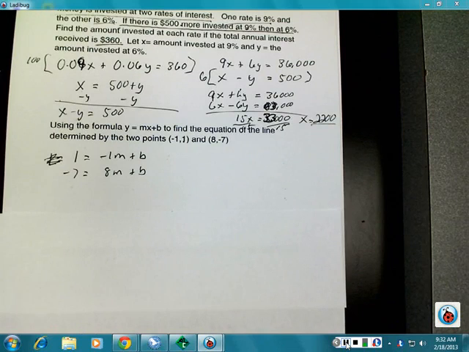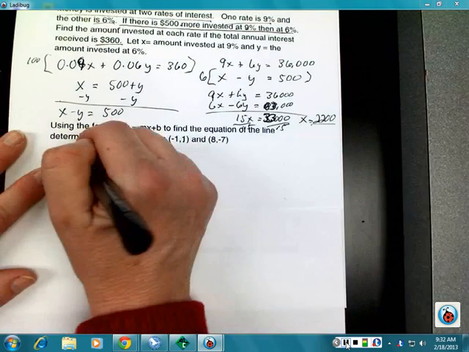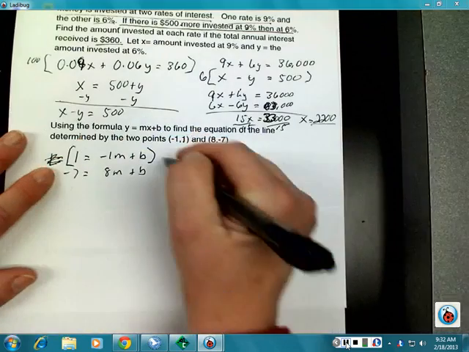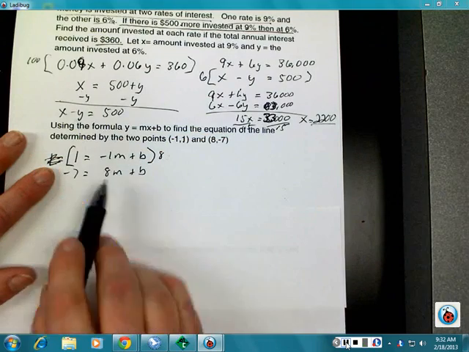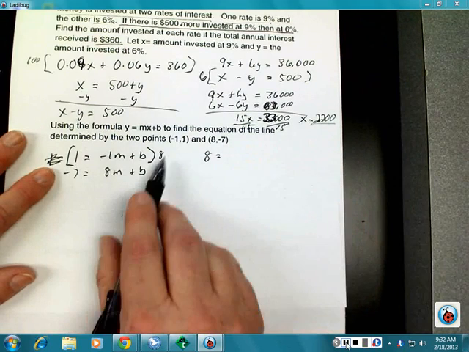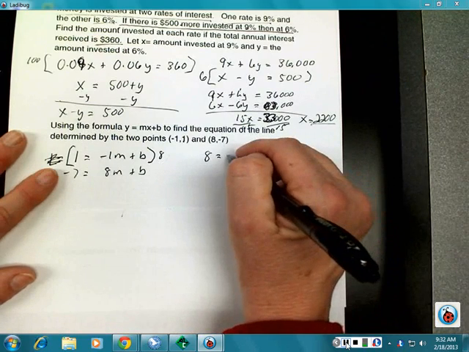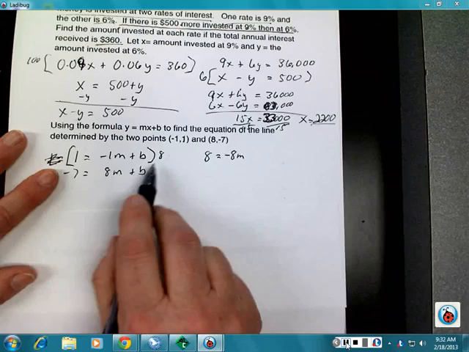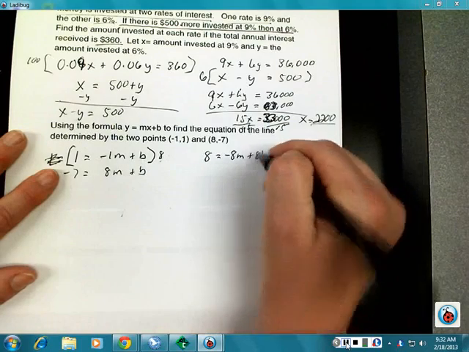So then, because we're in elimination, what letter would you like to eliminate? The m's, okay. So that means we can multiply the top by 8. Because I got to make these match, so 8 times 1 is 8. 8 times -1 is -8m. 8 times b is plus 8b.